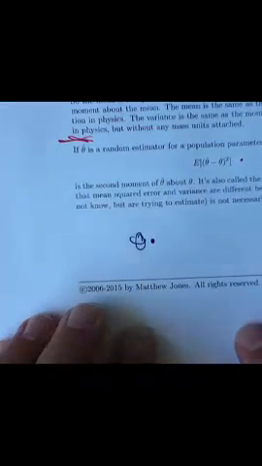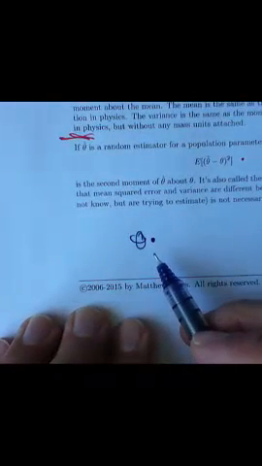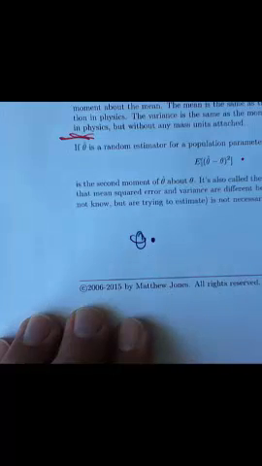Maybe it's a population mean. You can't know the population mean for sure, but maybe you'd like to estimate it with theta hat. Theta hat is our estimator. Whenever we put hats on things in statistics and probability, we're thinking about estimating.